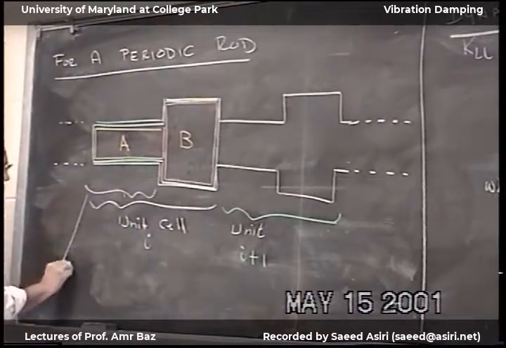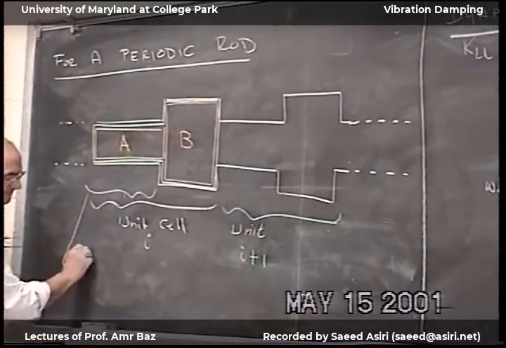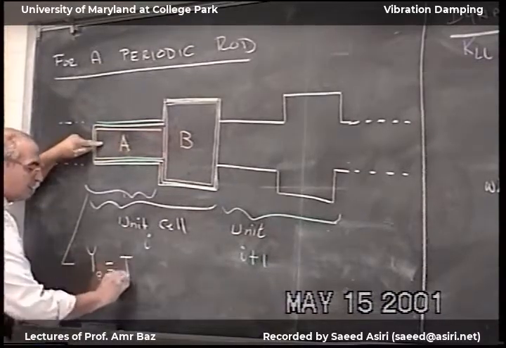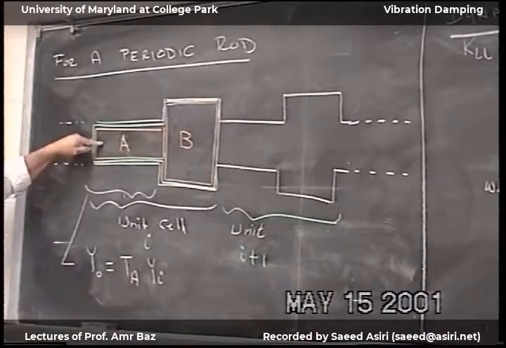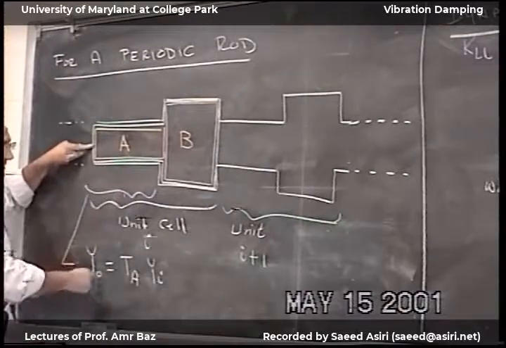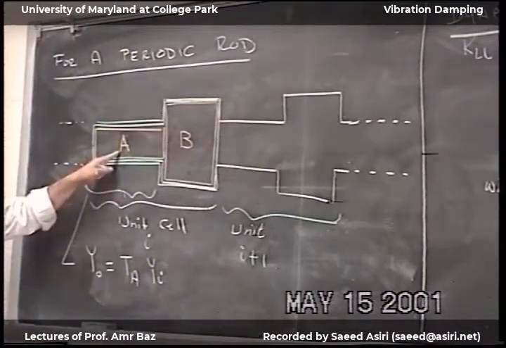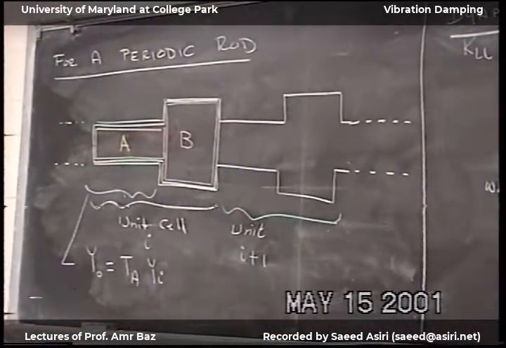has a characteristic like this. Y out is equal to TA Y in. This is the input, this is the output, and they are related by this equation. TA is the transfer matrix of A, which is this.